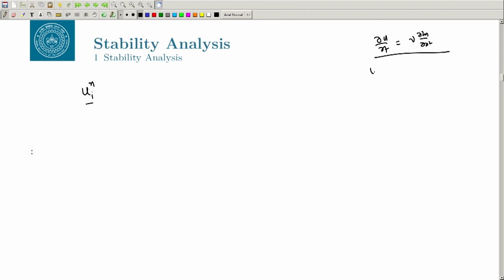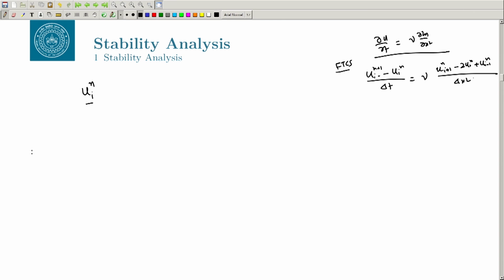So, this u will be written, if you use FTCS in 1D, as u i n plus 1 minus u i n by delta t equal to nu times u i plus 1 n minus 2 u i n plus u i minus 1 n by delta x square, right.